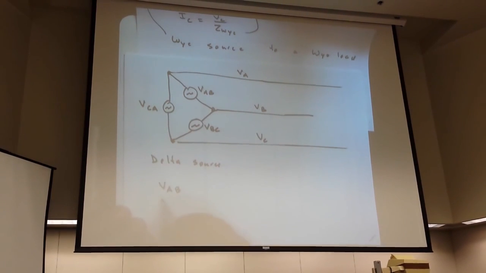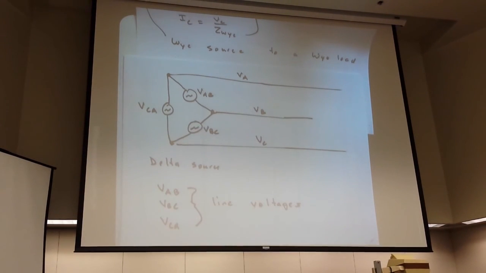VAB, VBC, VCA. These are our line voltages. So VA relative to ground, VB and VC, those were our phase voltages. Voltage between the lines is the line voltage.